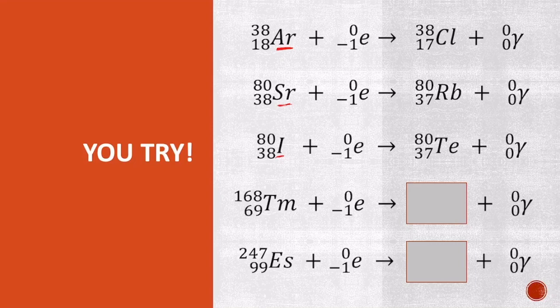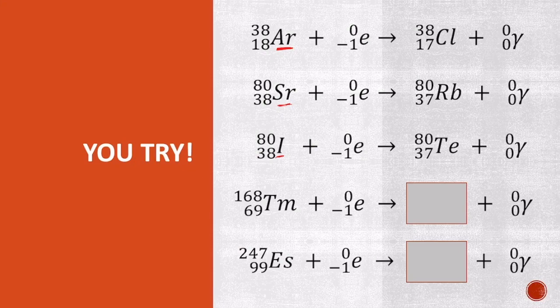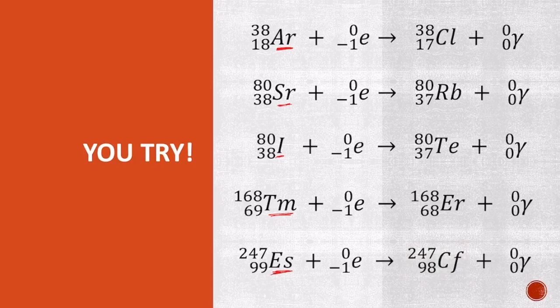And then I have, I'm not sure what that element is. I forgot. It's thulium. I knew that. We've got thulium-168. It's going to be pulling in that low energy electron and becoming erbium-168. And then I've got einsteinium-247 becoming californium-247.